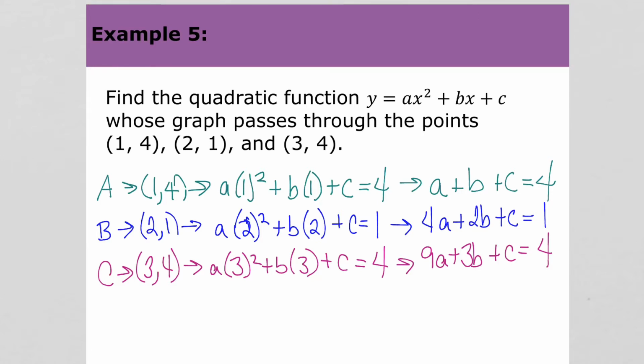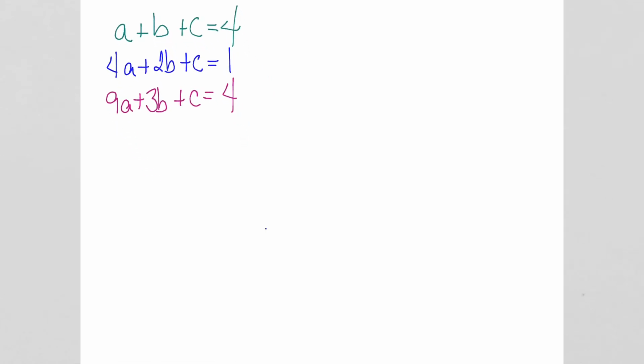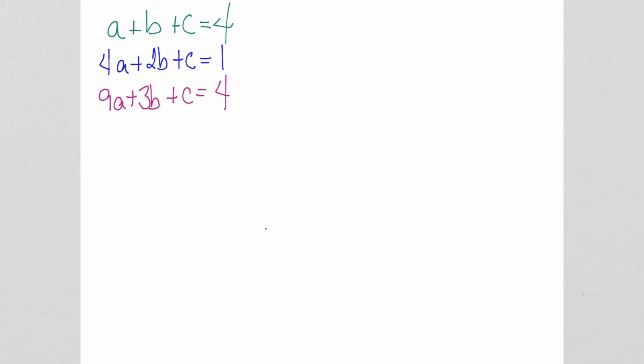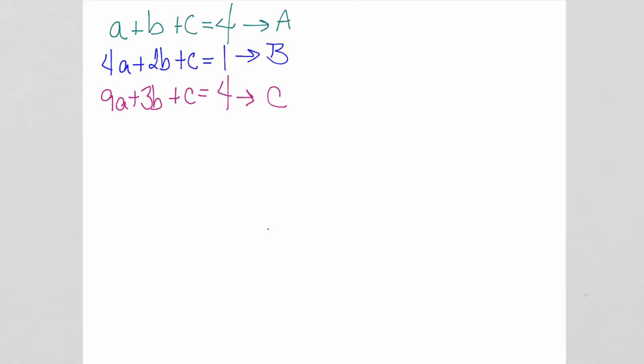Taking these to the next page. Okay, so here's our 3 equations, A, B, and C. And so we're going to go through the same process as we've been doing to solve for A, B, and C instead of X, Y, and Z. So first, let's start by getting rid of C. So if we do negative A, that gives us negative a minus b minus c equals negative 4.